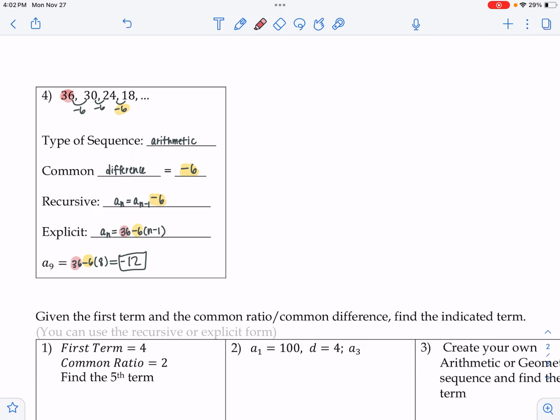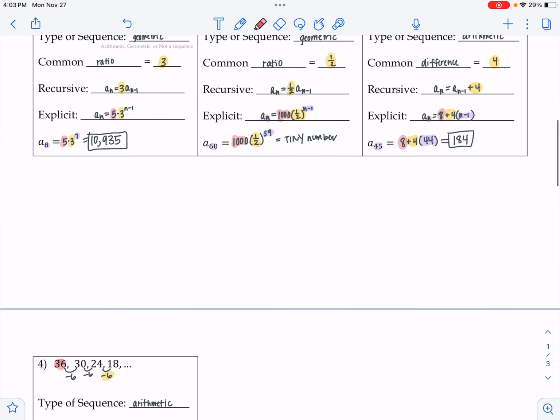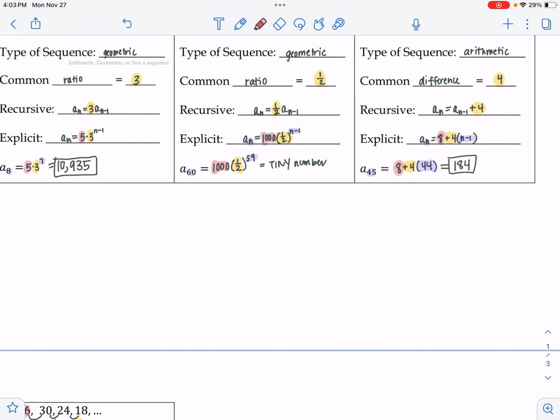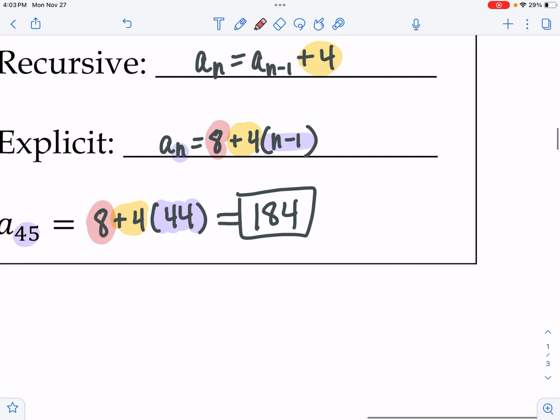And so one other thing I want to talk about with arithmetic sequences, they sometimes simplify the explicit formula by distributing and combining like terms. So if you don't see this as your answer, they may have just distributed to get 4n minus 4, and then combine the 8 and the negative 4 to get positive 4.